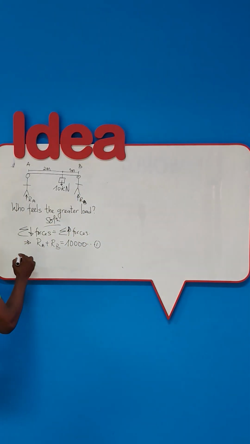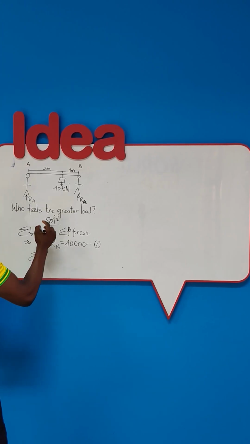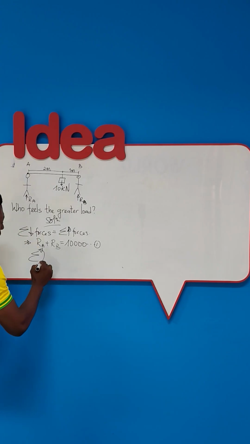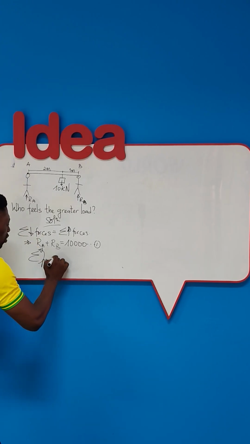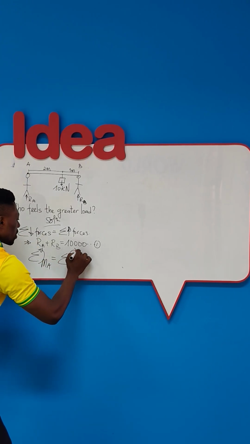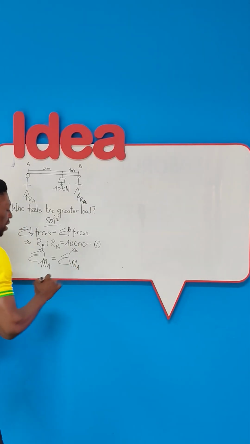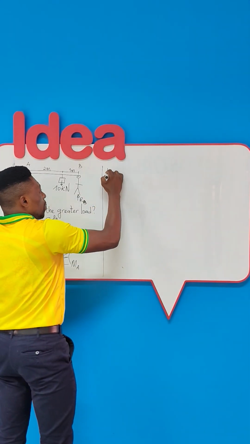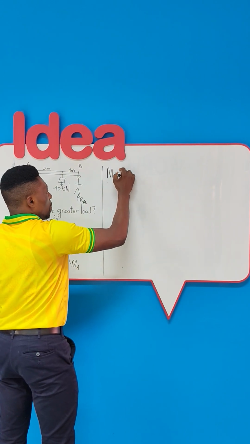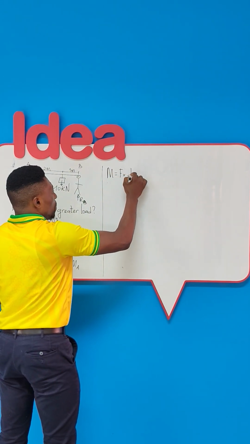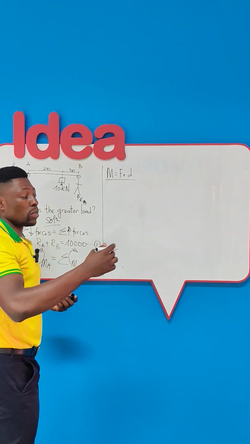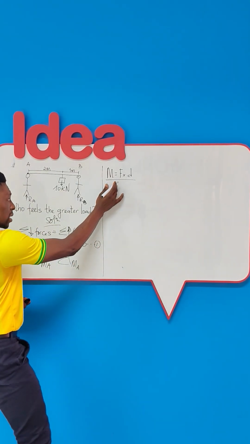So let's take moments about point A. Let me remind you guys that the moment of a force is given by the magnitude of that force times the perpendicular distance from the pivot, okay? So with this in mind, let's calculate.